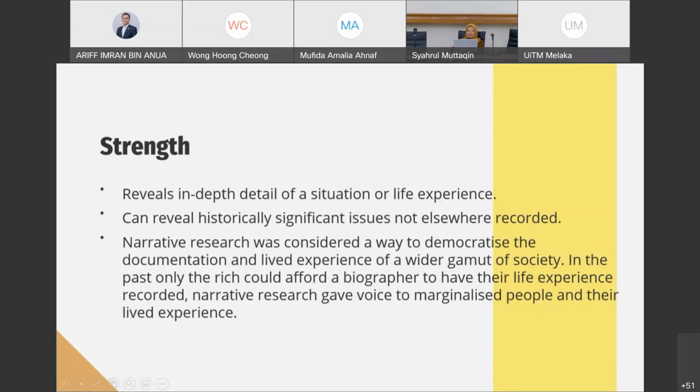In the past, only the rich could afford this. But now, narrative inquiry is developing again. People are clinging to this one again.